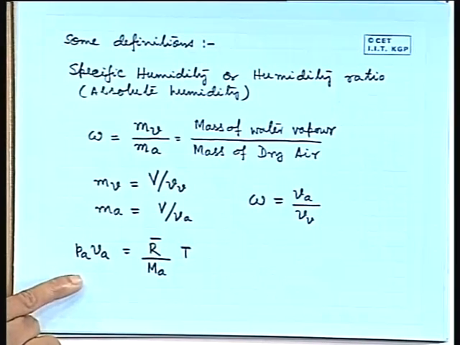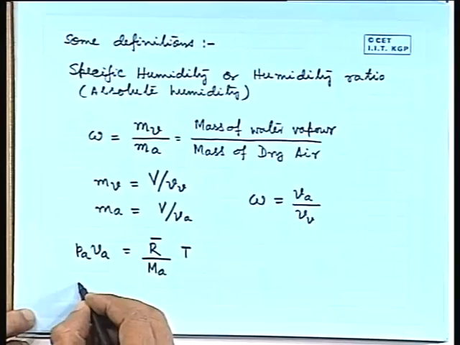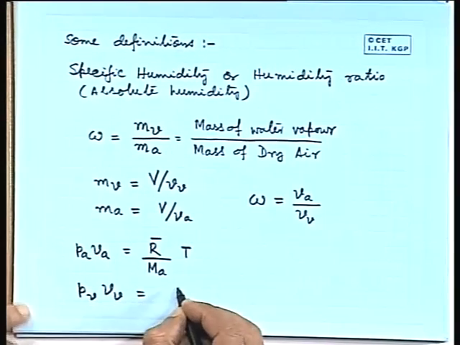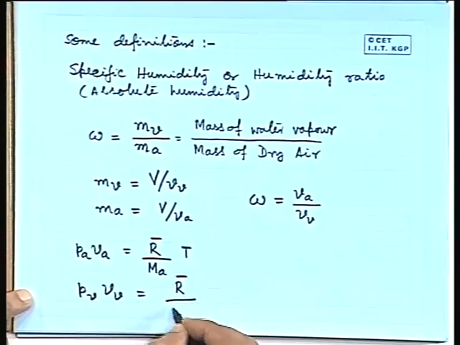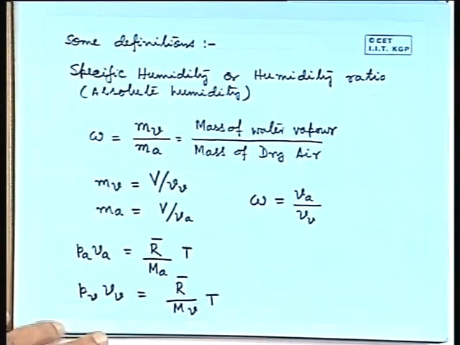Va is the specific volume of dry air. And one can again write PvVv is equal to R by Mv T.